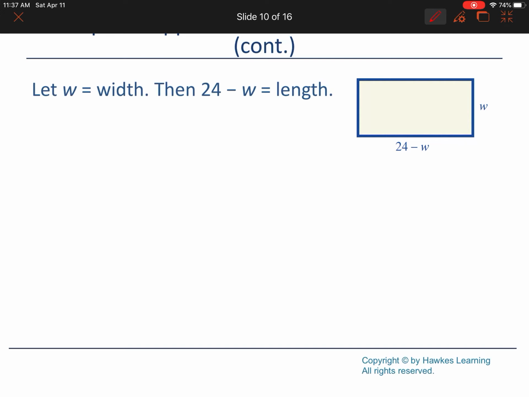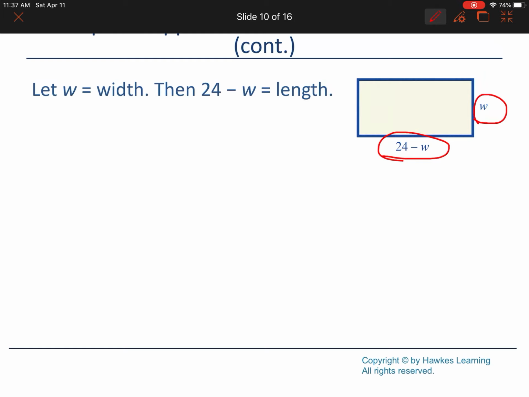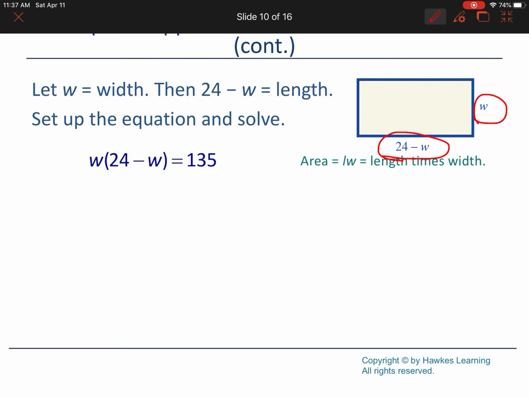So these are my 2 sides of the rectangle. Because remember what they asked us? What are the dimensions of the rectangle? Now, we're saying one specifically width and length, but in the end, it really won't matter because we should get 2 answers, right? One with each one being length or width. And anyway, as we get there, we'll see.